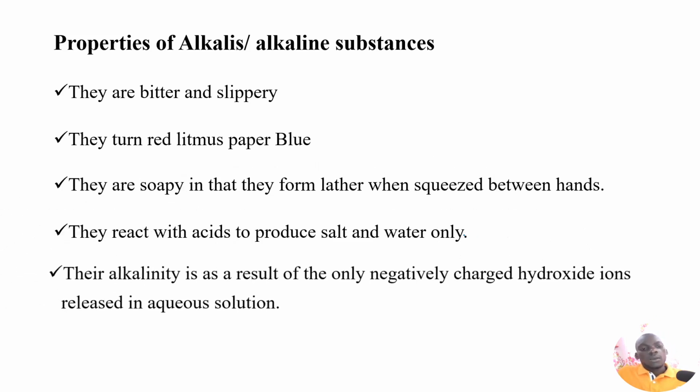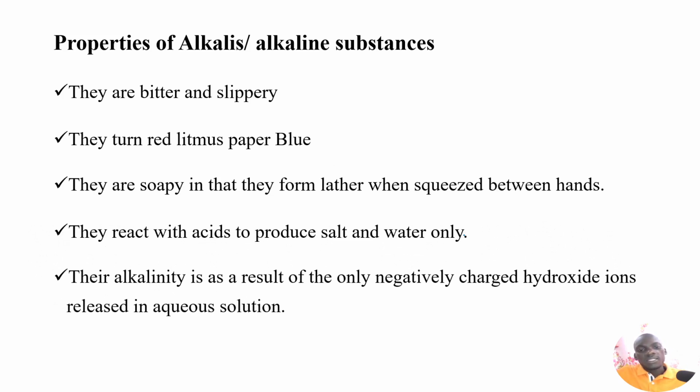Alright, we are saying that their alkalinity is as a result of the negatively charged hydroxide ions released in aqueous solution. As we said earlier, these alkaline solutions or the alkalis are formed as a result of dissolving the soluble bases, which now produce the hydroxide ions.